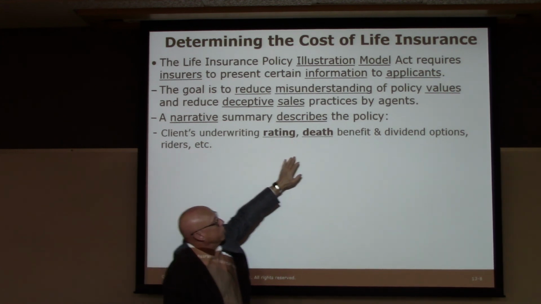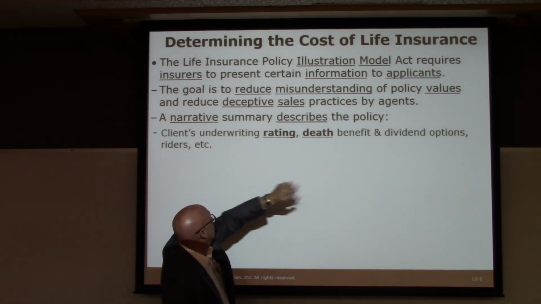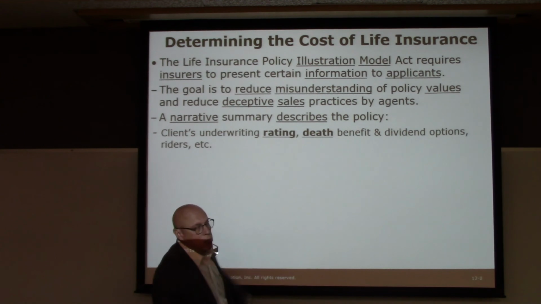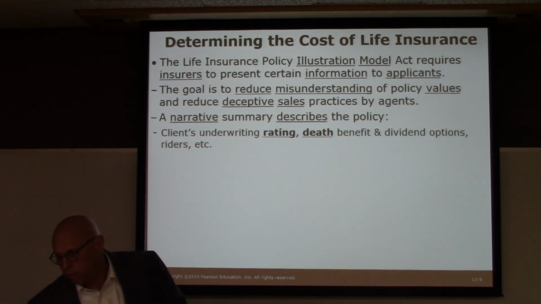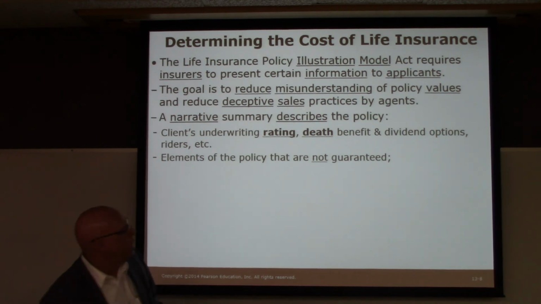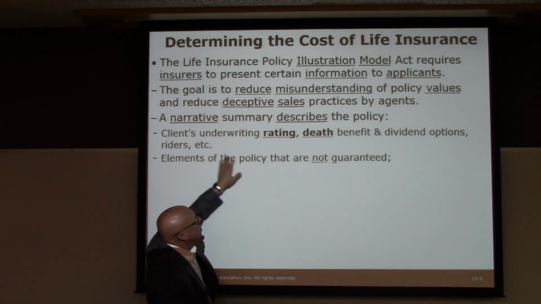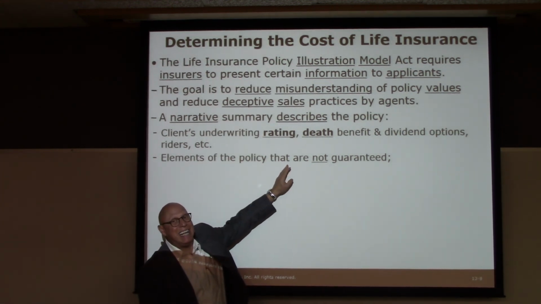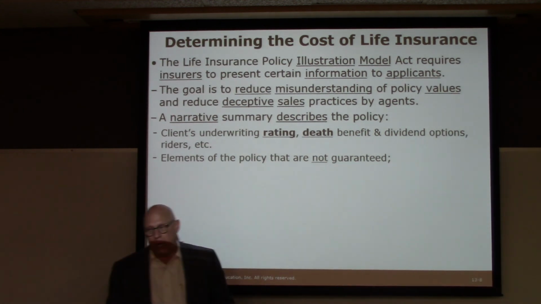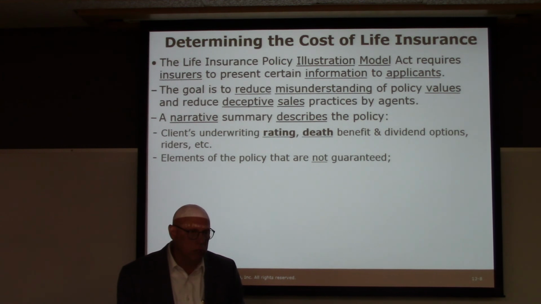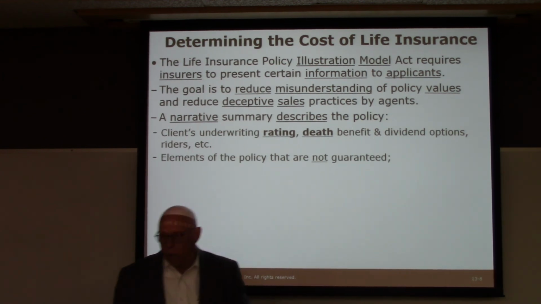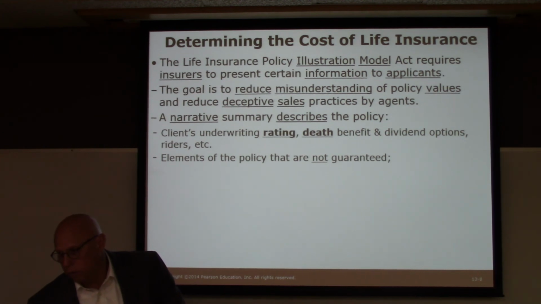The death benefits are explained, the dividend options are explained, and any possible riders are explained to the customer. Any elements of the policy that are not guaranteed have to be identified. If the insurance company is making a projection and it is not a guarantee, then the customer must be told that.